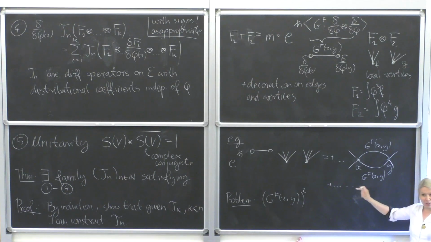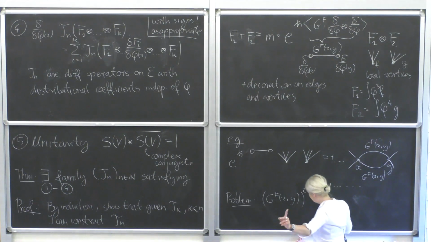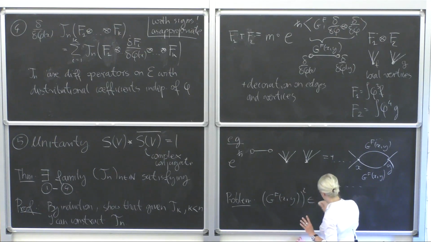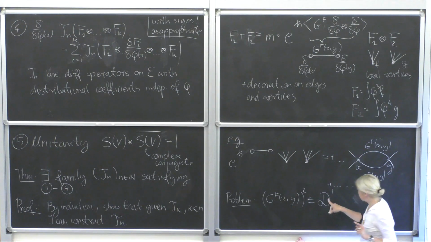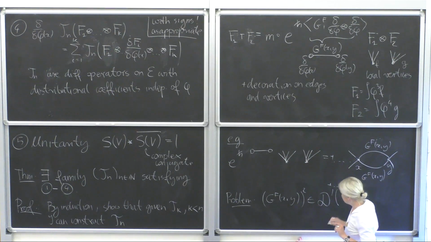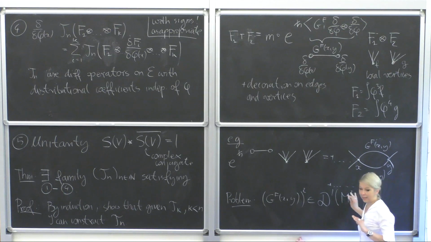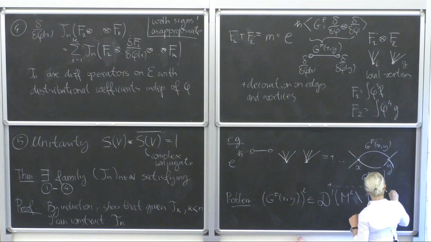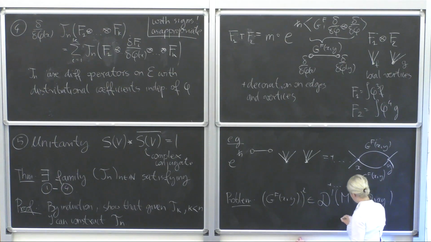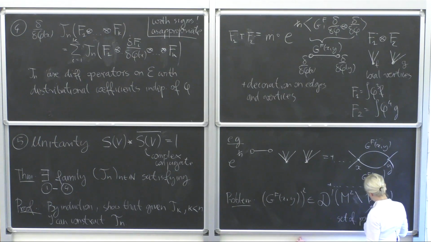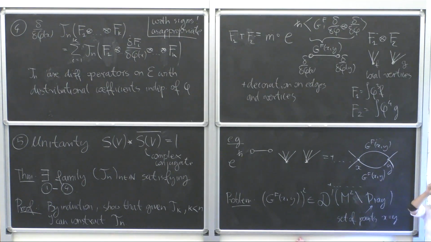So this is not a well-defined distribution, but okay, we can actually cheat slightly. We can define it as a distribution on M squared, that would be bad, but minus the diagonal, okay? Diagonal, and this is the set of points x equals y. This is fine.